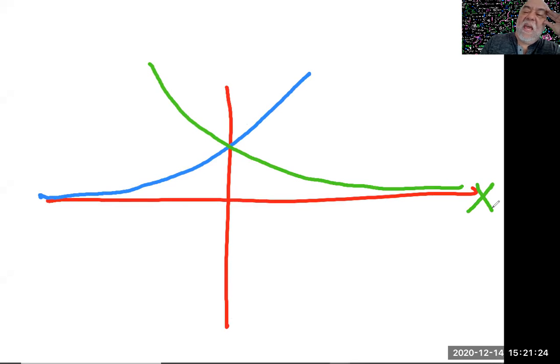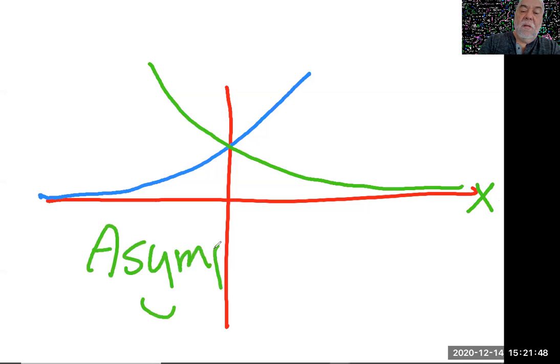In other words, the decay will get smaller, smaller, smaller, and smaller as x goes big, but it'll never actually touch it or cross it. And as x goes negative on this blue curve, it gets closer and closer and closer to the x-axis, but never touches it or crosses it. Okay, the word for that, the x-axis, in other words, it's called an asymptote.